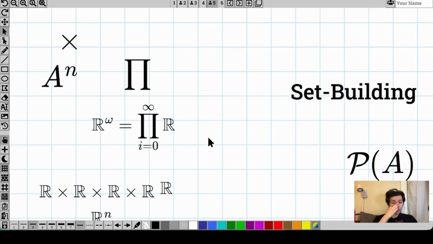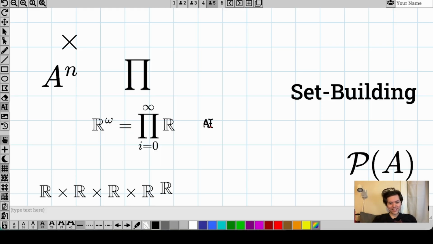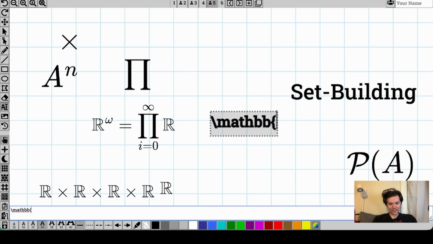And so we can define R to the omega, which is an infinite product. So this is an infinite dimensional R vector space. In fact, it's bigger, and it's a different object than maybe what you've seen, R to the infinity. These are 2 different things.